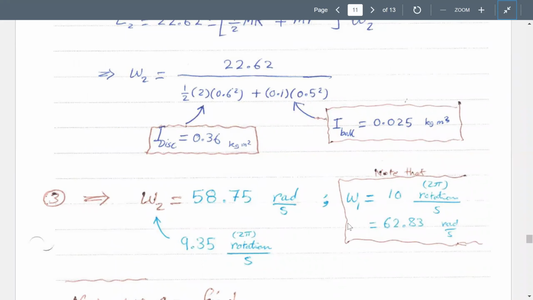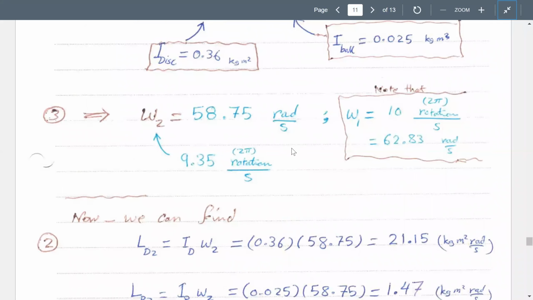Remember that the angular velocity initially was 10 rotations per second, which is 2 pi times 10, if you find this value, 62.83. So this is the initial angular velocity, and this is the final angular velocity. This angular velocity is 9.35 rotations per second, but initially it was 10 rotations. So the velocity now is slower, as you see here, because we have a new mass rotating with our system.